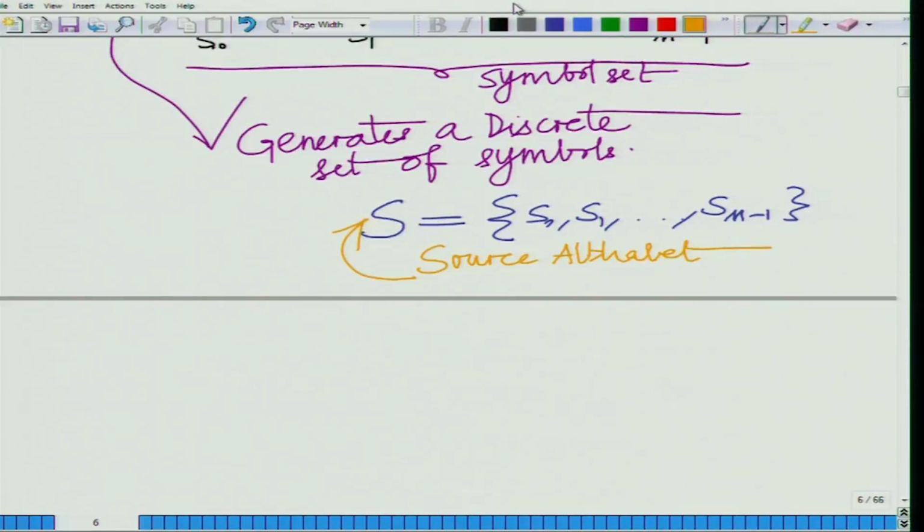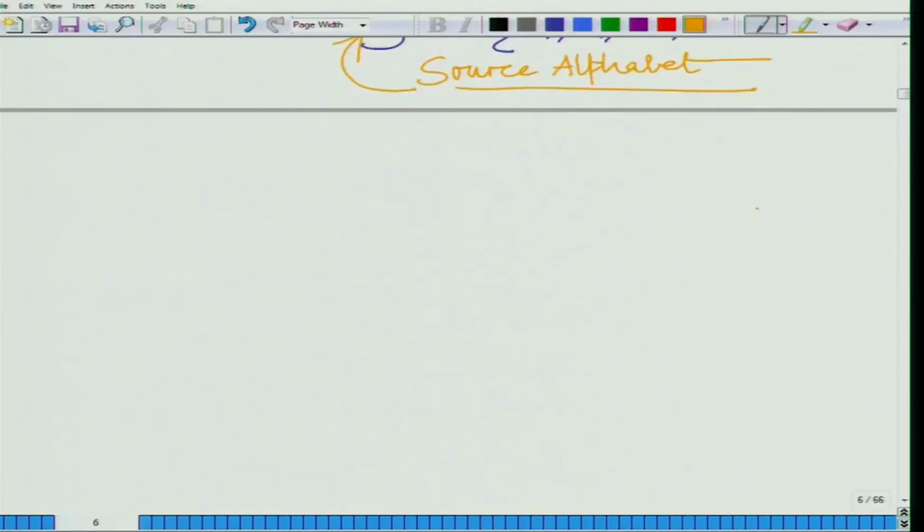Further, the source is generating these various symbols at various time instances according to a certain probability distribution.